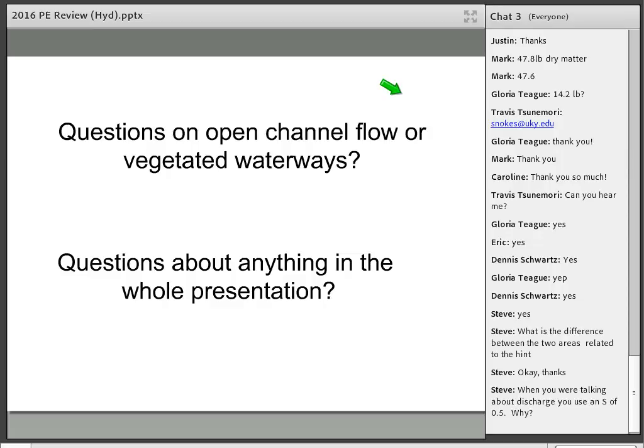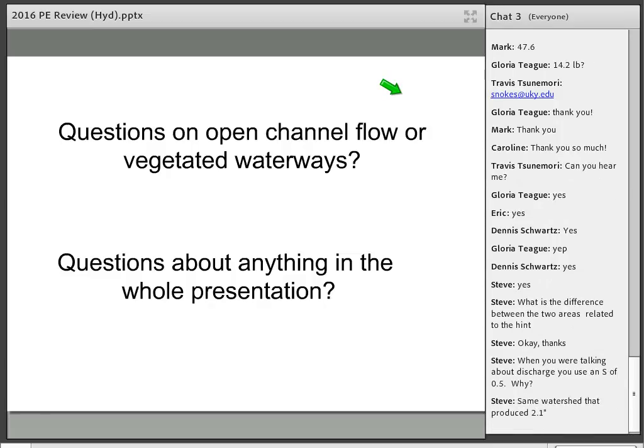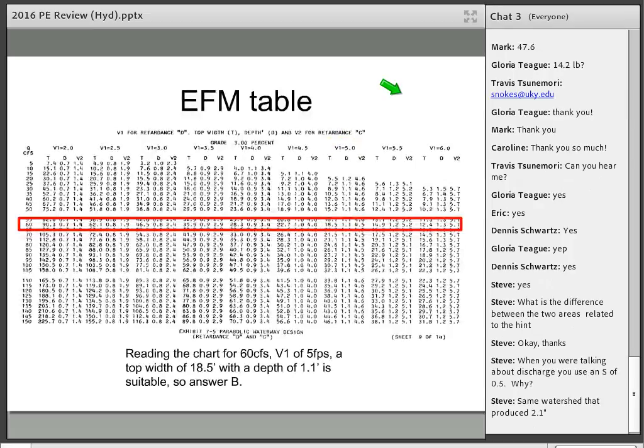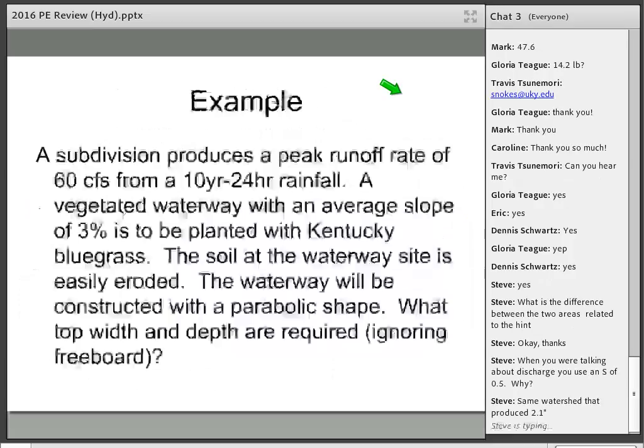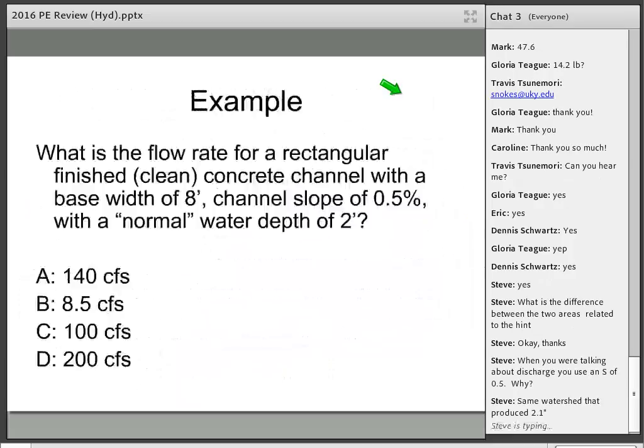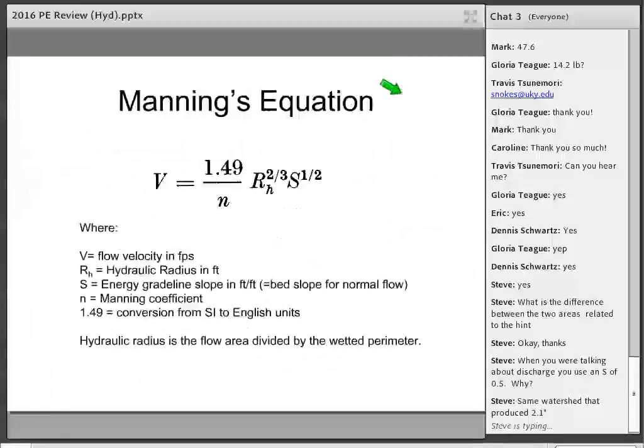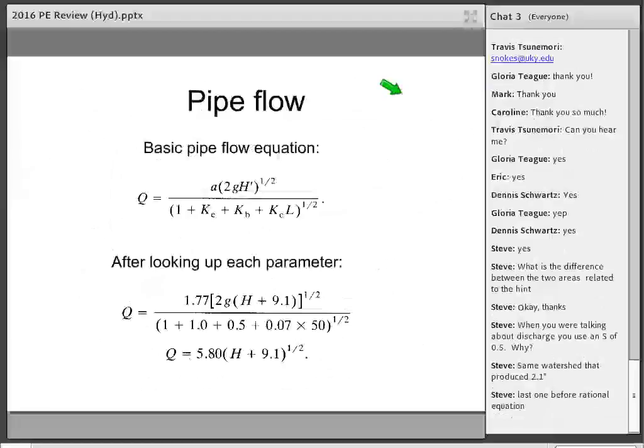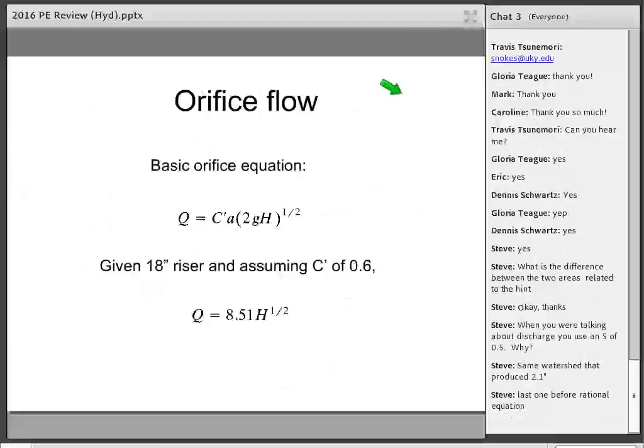Slope of 0.5 when I was talking about discharge. On which problem, remind me? Okay, let me back up. Okay.